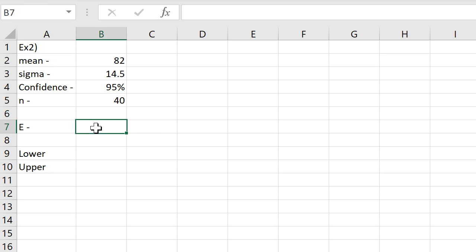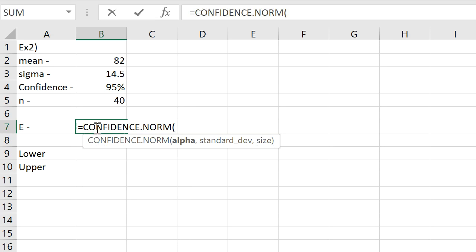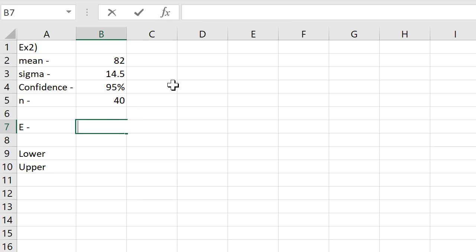So, all that said, to find our E, we're going to do equals confidence dot norm. And the first thing it needs is alpha. So remember, alpha is 1 minus your confidence. So if confidence is 95%, then just to show it off to the side real quick, it would be 1 minus 0.95, which gets us 0.05.